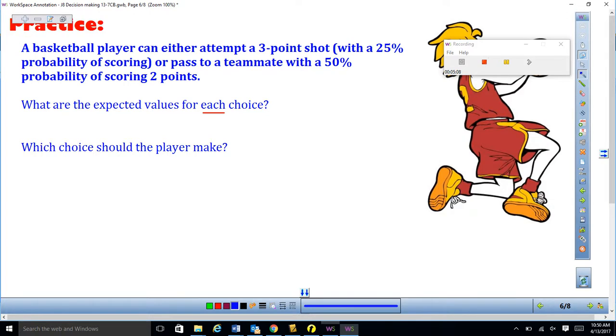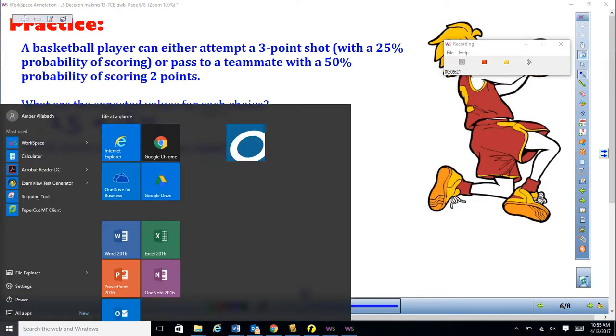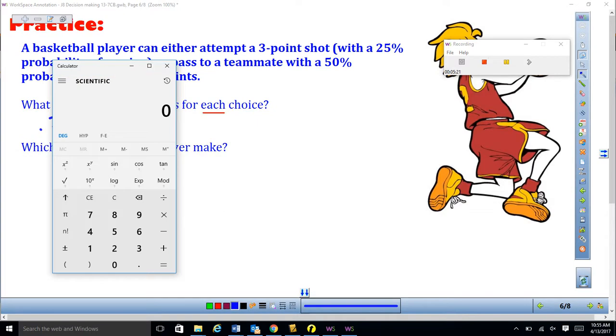So for the 3-point shot, we know the probability is 0.25. We're going to multiply that by the point value. Three times 0.25 equals 0.75.